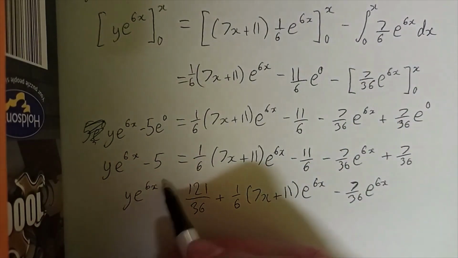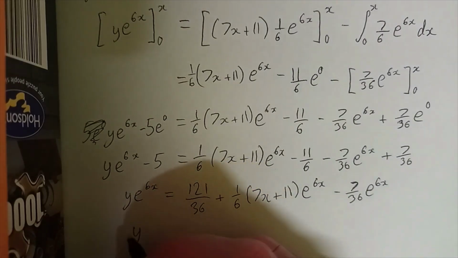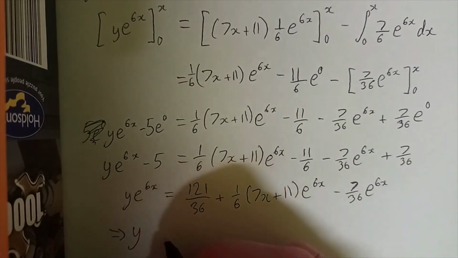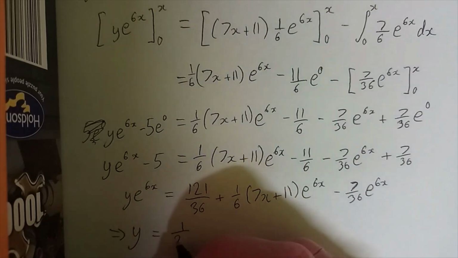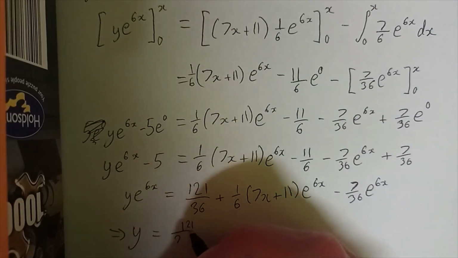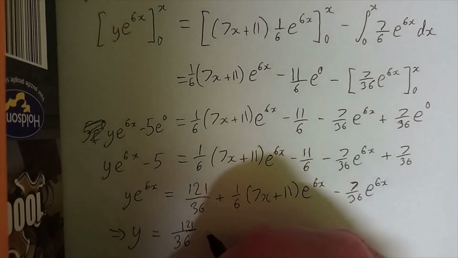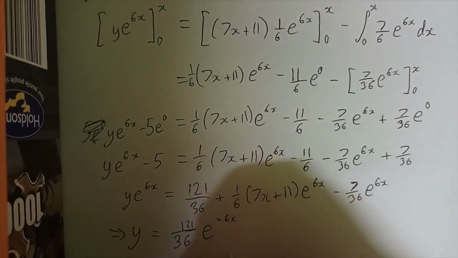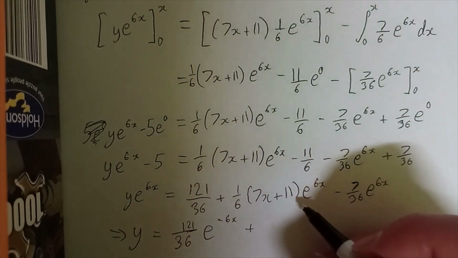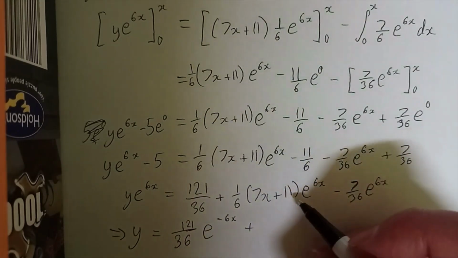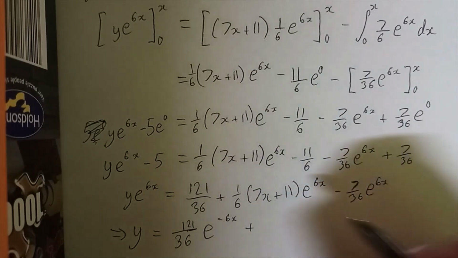Now we need to divide through by this e to the 6x term, so we just get y on itself. This implies that y equals 121 over 36 e to the negative 6x plus, now we divide these two terms also by e to the 6x, so that cancels out these e to the 6x's.